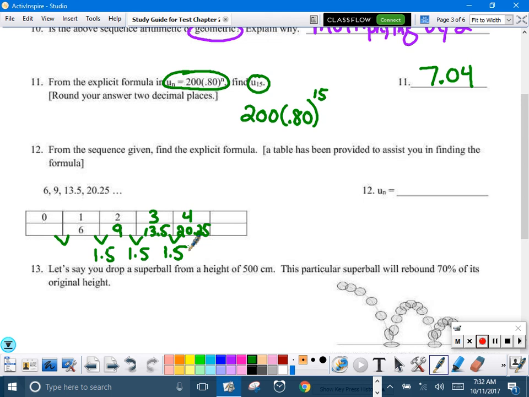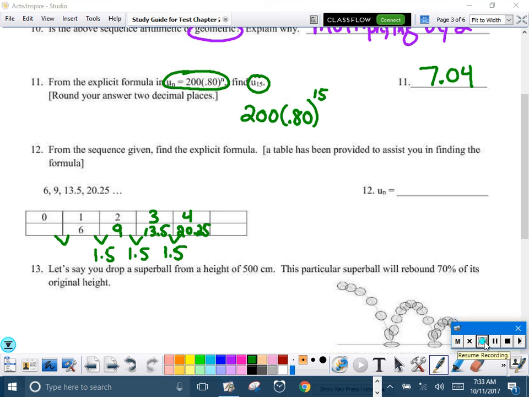Okay, so we got to go backwards now. So what I need to do is take the 6 and divide it by, now hold on here. Yeah, that was right. We're going to take 6, we're going to go backwards.